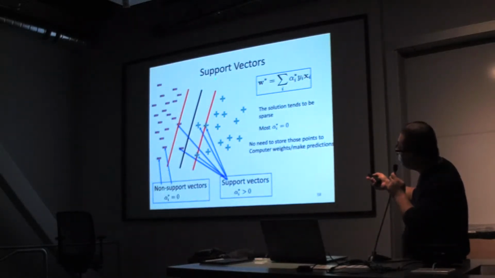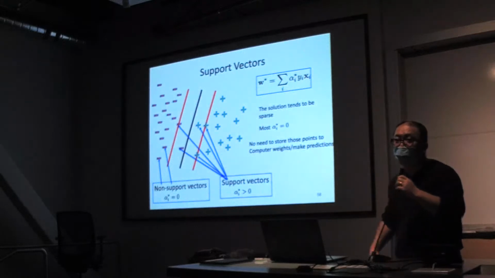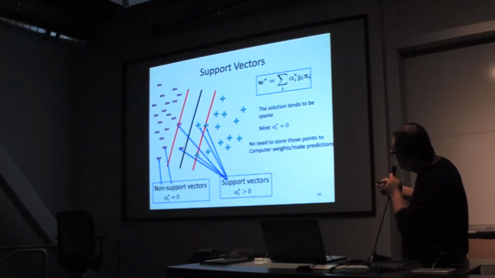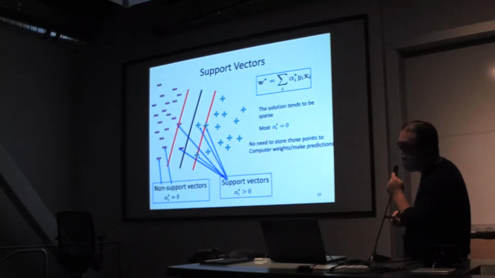And we find a hyperplane with maximum margin to separate out most positive and negative examples. And the optimal weight vector, which is the black line here, is essentially determined by a few support vectors which stay either on the margin or inside the margin.